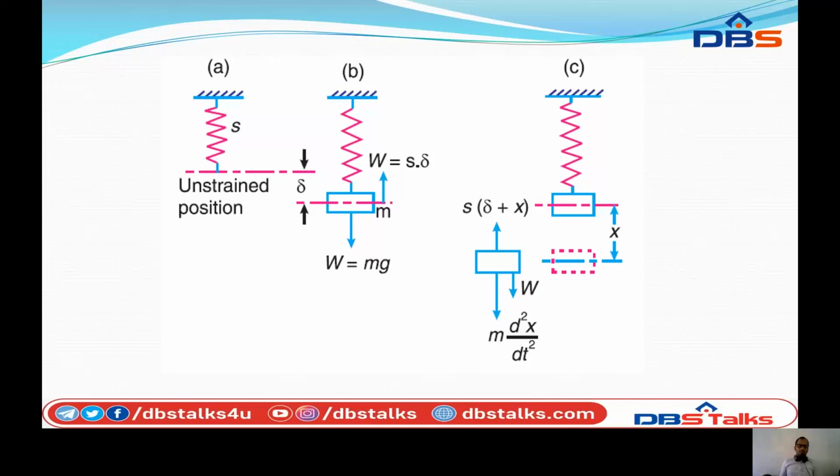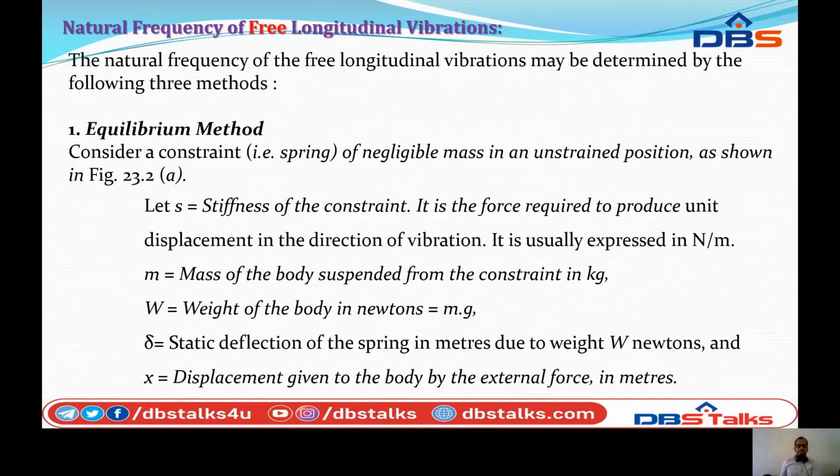Let S be the stiffness of the constraint, m the mass of the body suspended from the constraint, and W the weight of the body, in newtons. Delta is the static deflection of the spring due to the applied weight. x is the displacement given to the body by external forces.